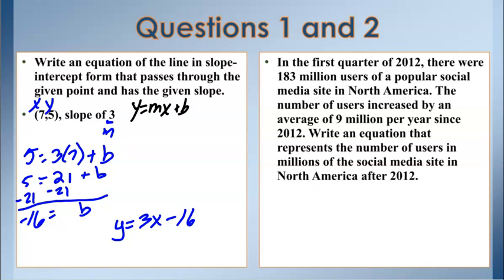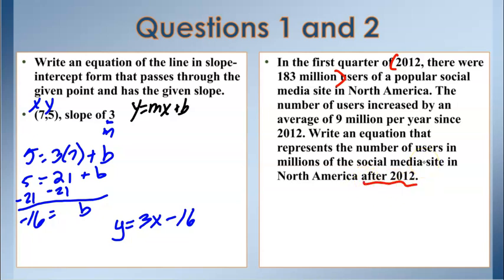So we're going to put this in slope-intercept form. To do that, we have a point. So the point where we have 2012 and 183 million, but we're not going to use 2012 because at the very end it says we're writing an equation that represents the number of users in millions of the social media site in North America after 2012.